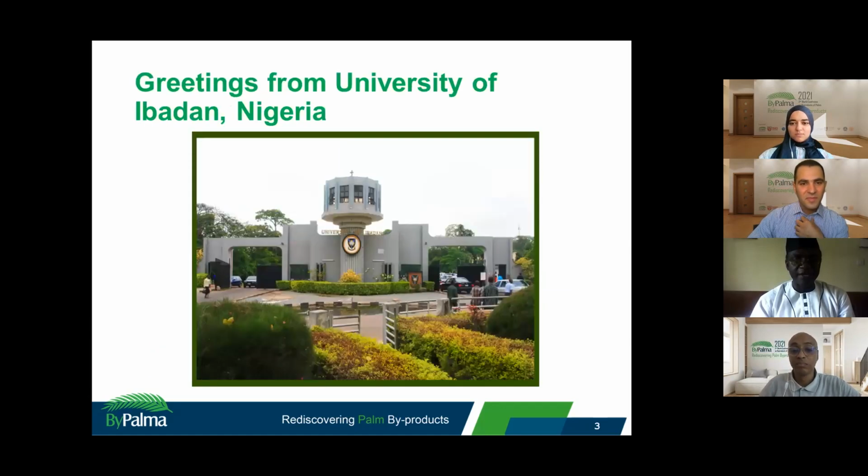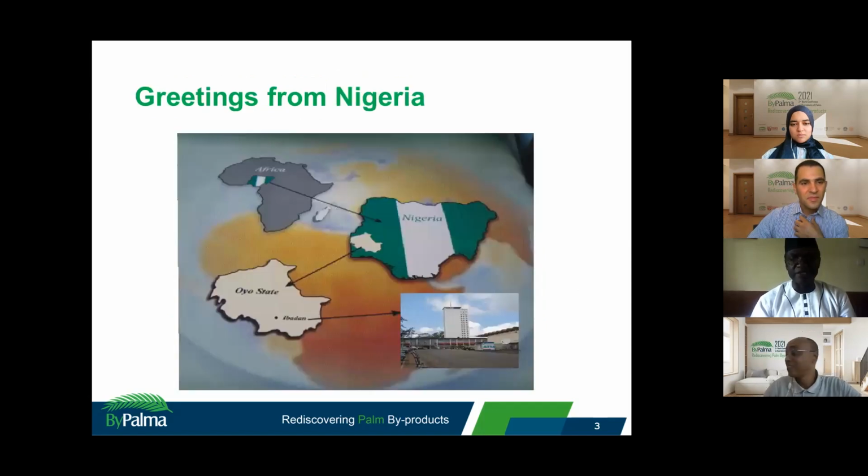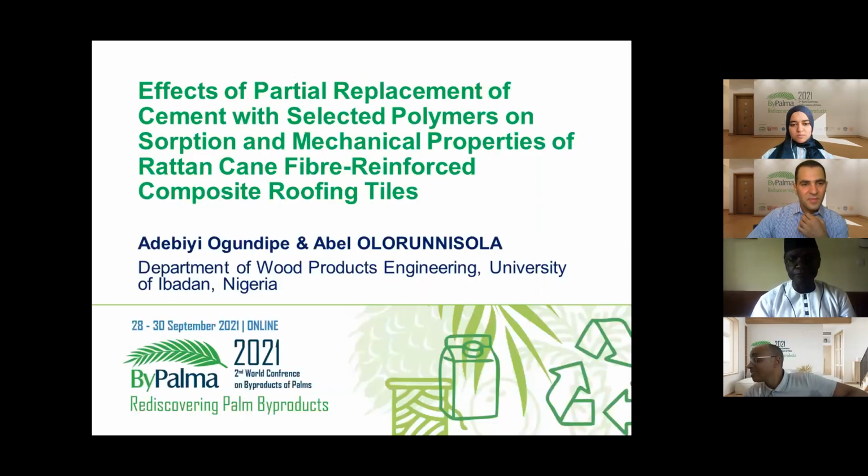Now, this presentation was prepared by two of us, Ogudipe, not presently available, so I'm presenting on behalf of the two of us. The title of the presentation is Effects of Partial Replacement of Cement with Selected Polymers on Sorption and Mechanical Properties of rattan fibre-reinforced composite roofing tiles.